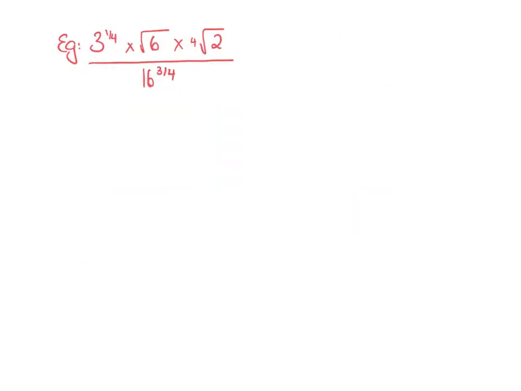Okay, and then the last one, when you've got these big ones, just take it slowly and do step by step. As I said, you might see something different, but I'm going to change these square roots to powers of a half. And this one, because it's the fourth root of 4, it's actually 2 to the power of a quarter, all over 16 to the power of 3 on 4.